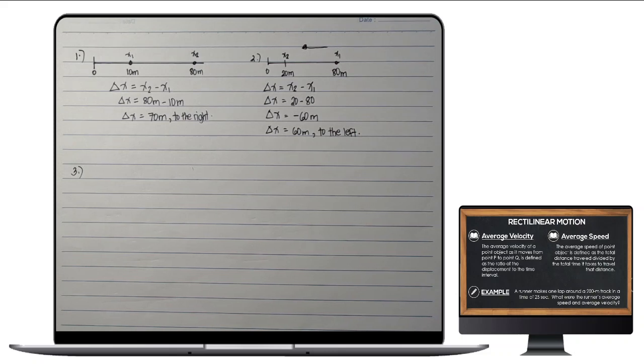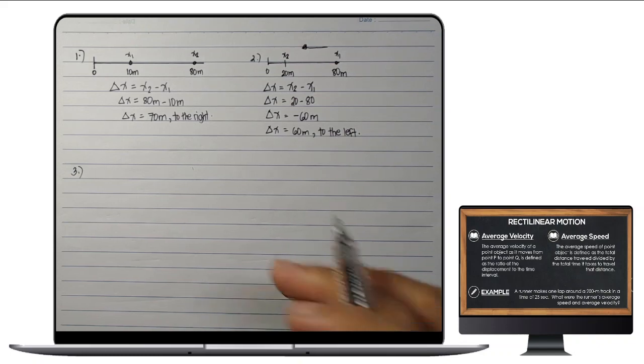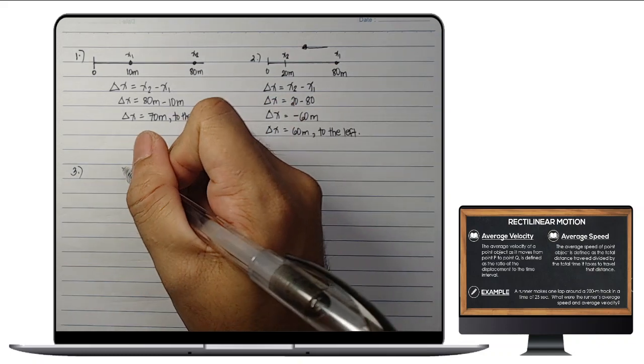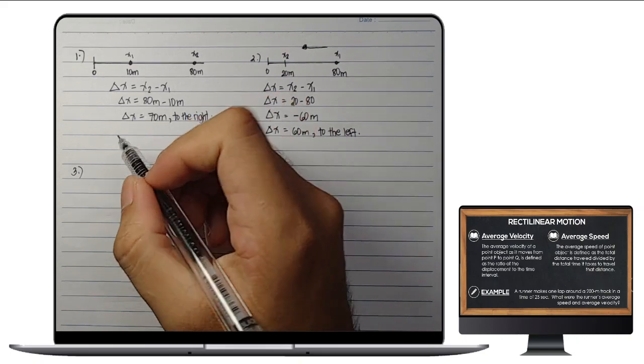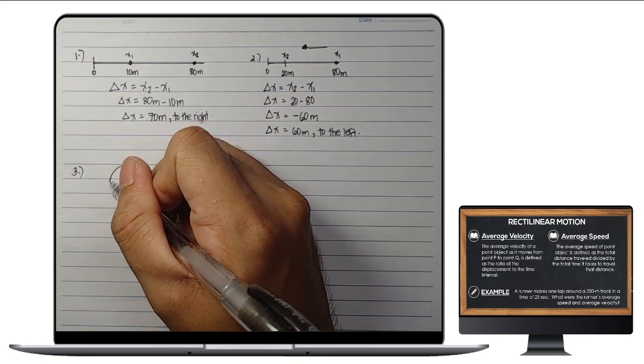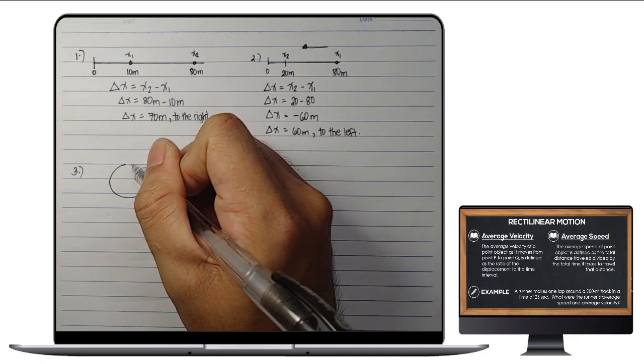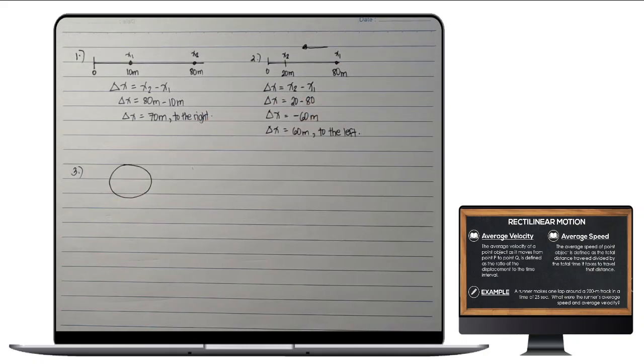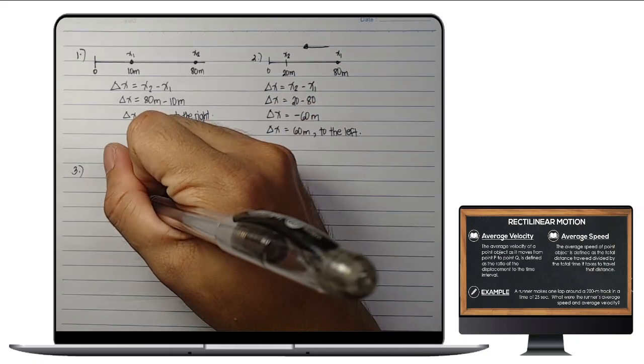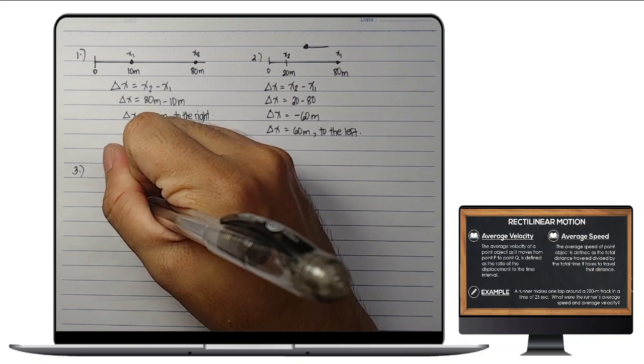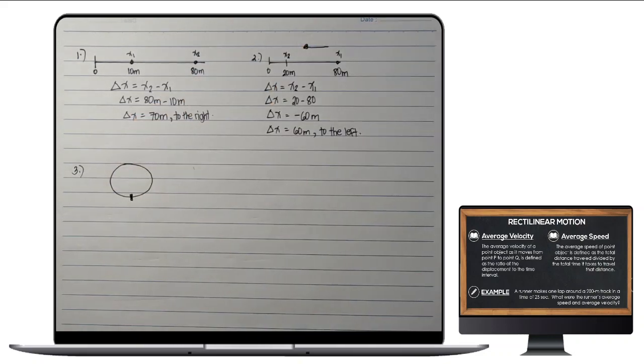Okay, so let's say on a circular track, it goes back to its initial position. So let's assume that the track is circular. So let's say this is the starting point.